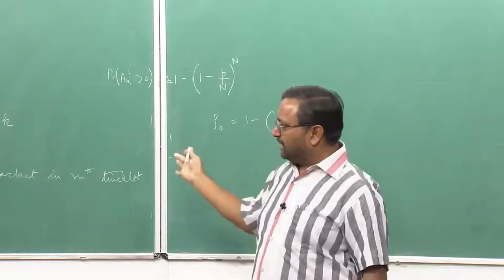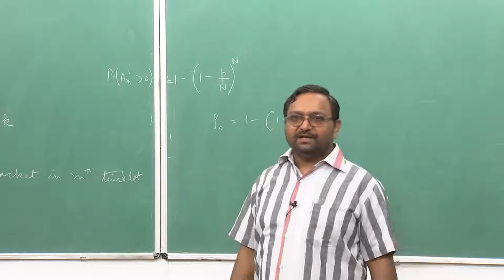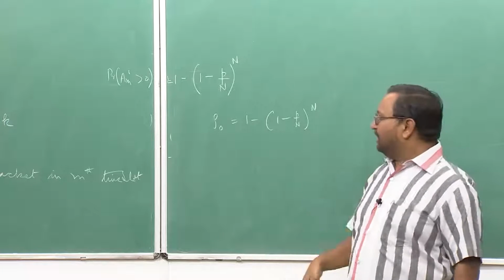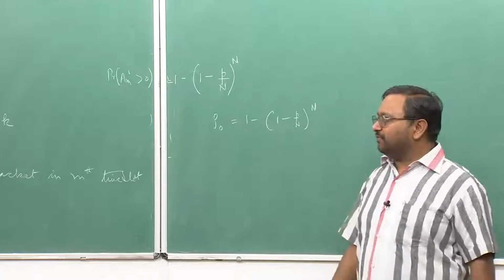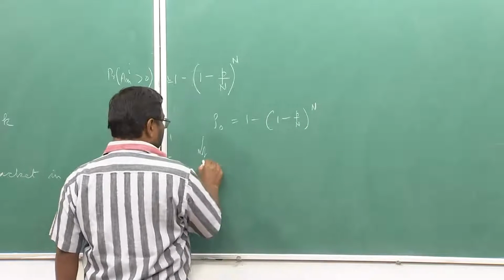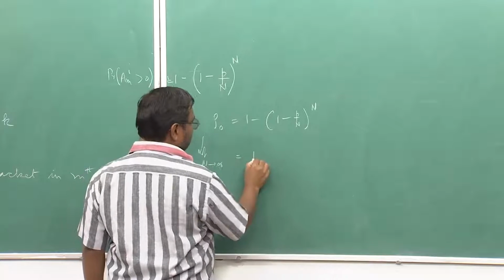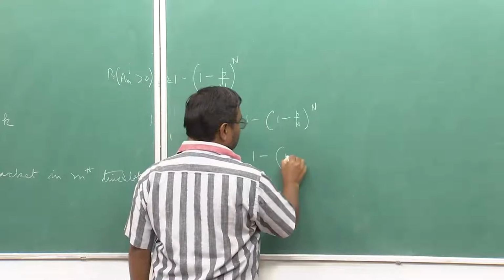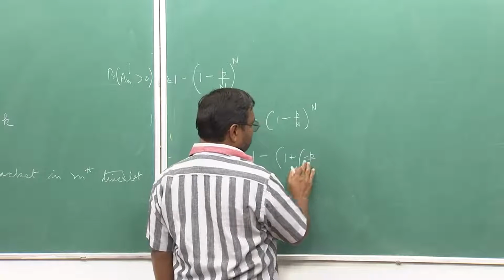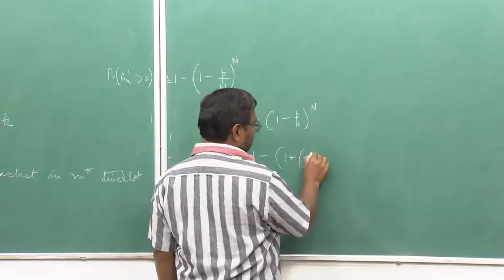And since the earlier result which we computed is for an infinite size switch, when n goes to infinity, let me also take that limit so that I can compare what happens when n goes to infinity for this case. Okay. So, in the limit when n goes to infinity, I can write this as 1 plus (minus p by n), in fact minus p by n.